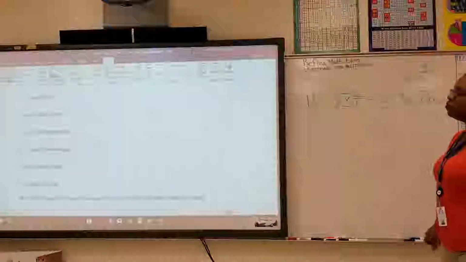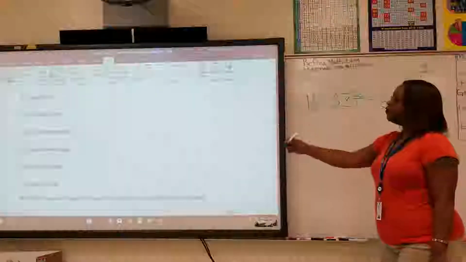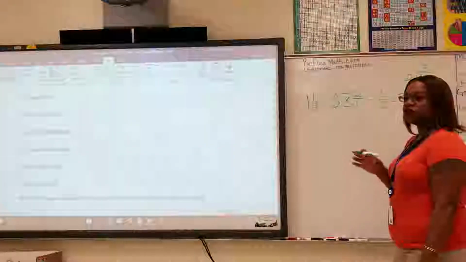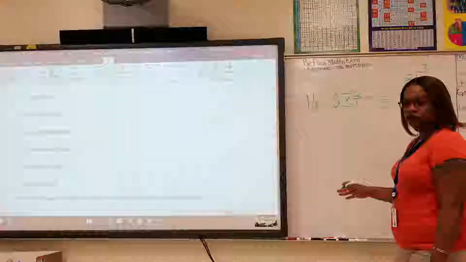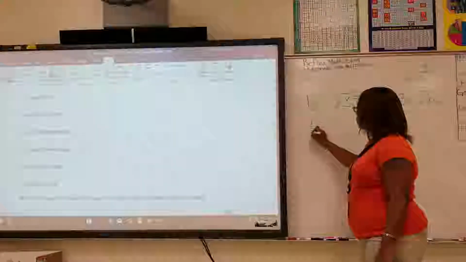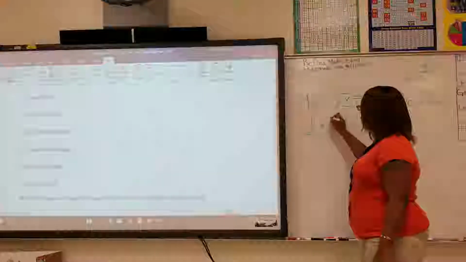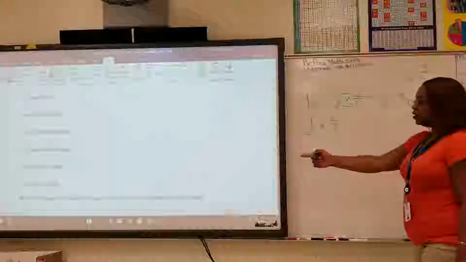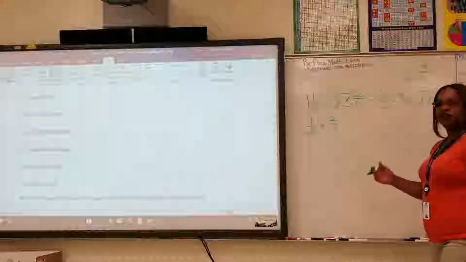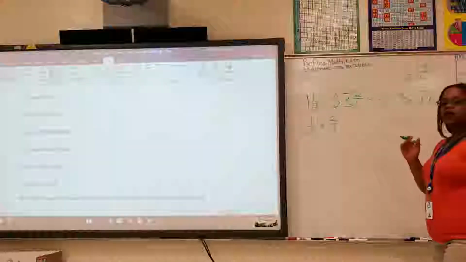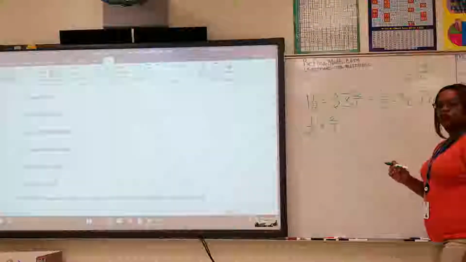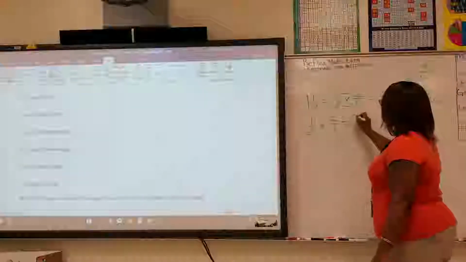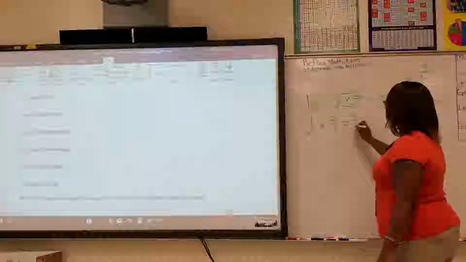Now we can move on to the blueberries. 1/2 cup of blueberries is already a proper fraction, so we don't have to do anything to it except multiply. 1/2 times 2/1, because remember, we're doubling the recipe, we're multiplying by 2, and 2 is a whole number, and we want to make it a fraction, so therefore we have to add 1 to the denominator. 1 times 2 is 2, 2 times 1 is 2.